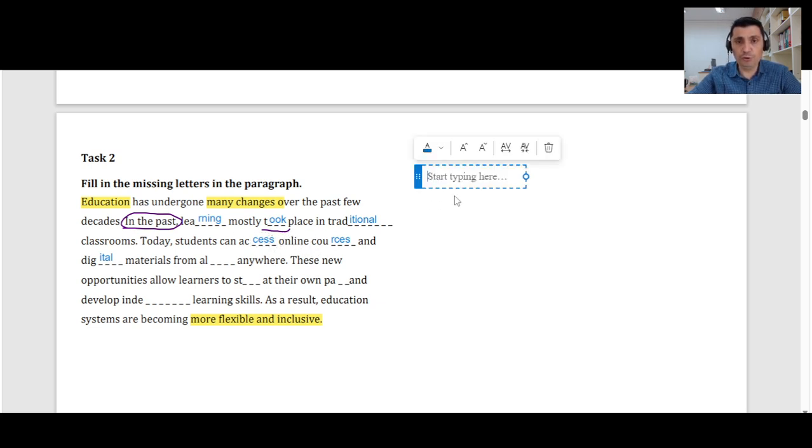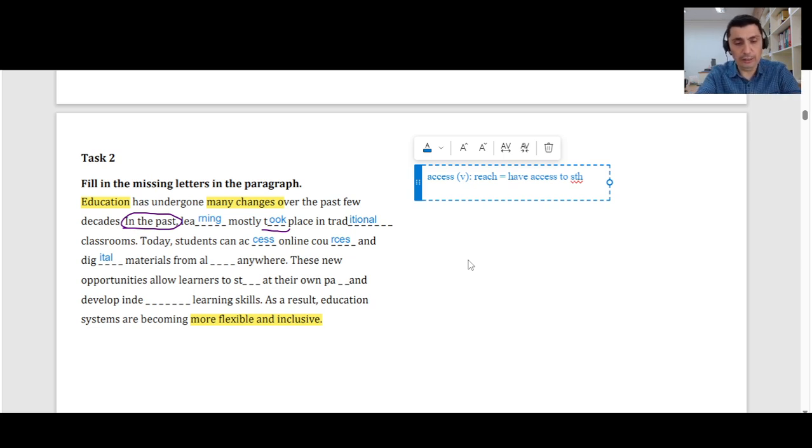For those of you who don't know the meaning of access, access is a verb, of course, and it means reach, okay? Reach. And again, we use it as have access to something. Very commonly, it's used as have access to something.